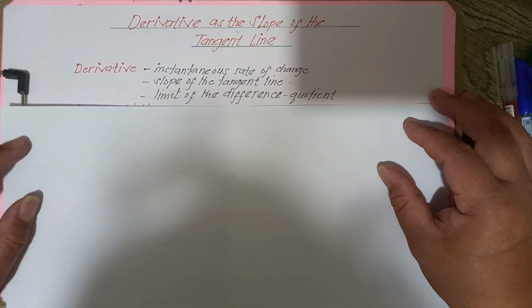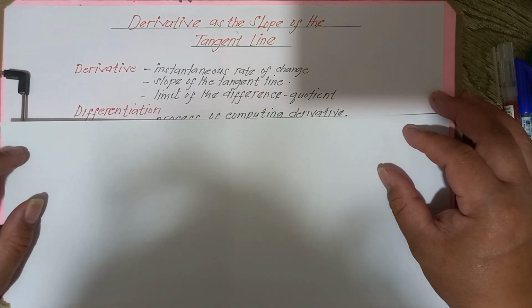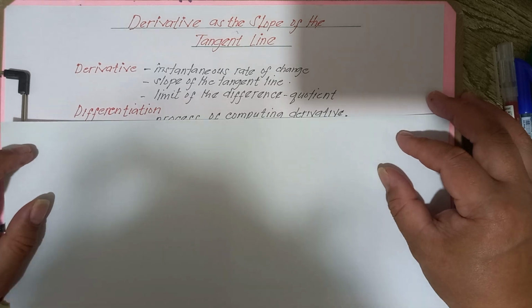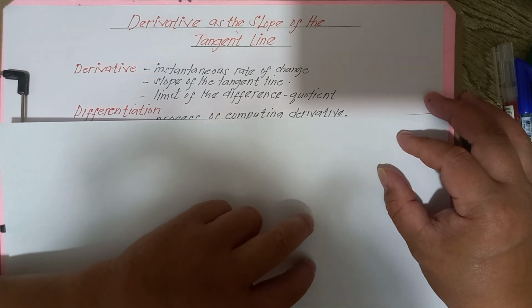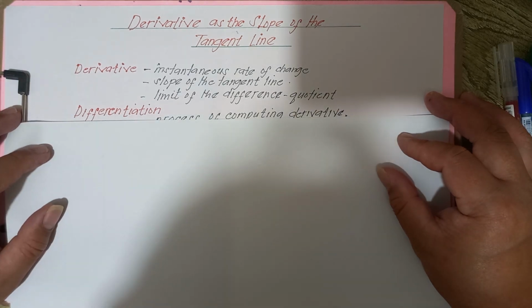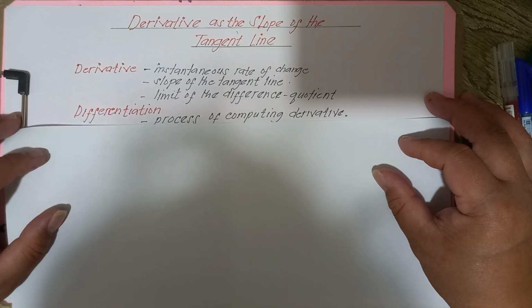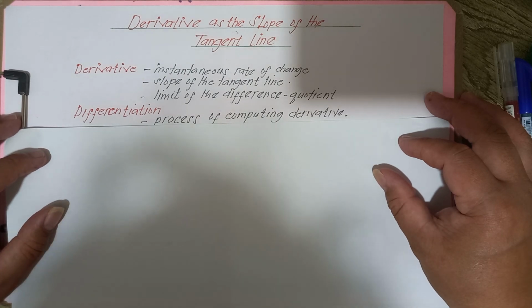Another term that we need to understand is differentiation. Okay, now what is the meaning of differentiation? When we say differentiation, it is actually the process of computing the derivative.